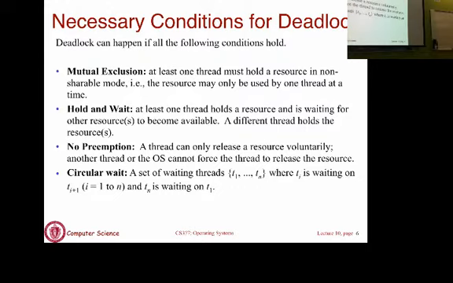The no preemption condition must be true, which is that if a deadlock has occurred, you are not allowed to preempt any resources from the threads that are holding them. If you could, then you would not have a scenario like that. Preempting resources simply means I take the lock away from you forcibly. Until now, we assume that if you acquire a lock, it's that thread's responsibility to release the lock.